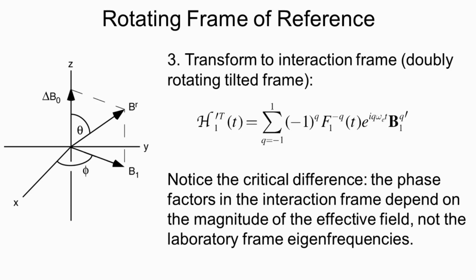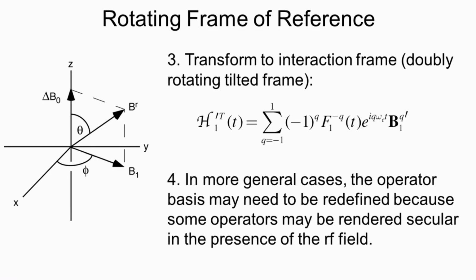So this phase factor depends on the omega e field, not simply the eigenfrequencies in the laboratory frame. We have the contribution now from the B1 field that we turned on. Otherwise, this looks more or less like our normal sort of expansion. And we can go on and plug this into the Redfield equations.